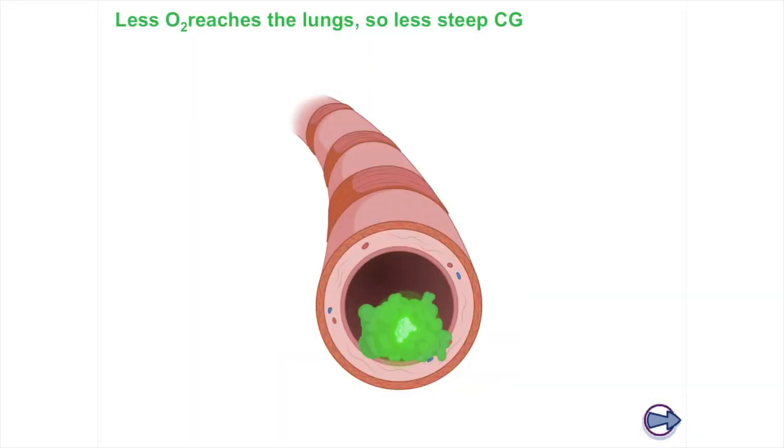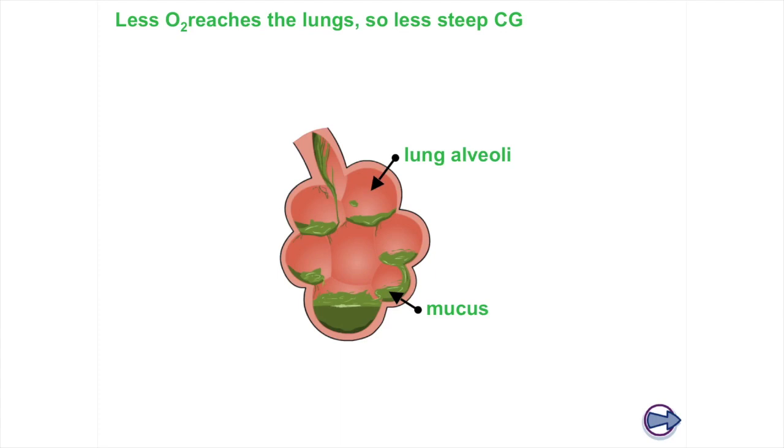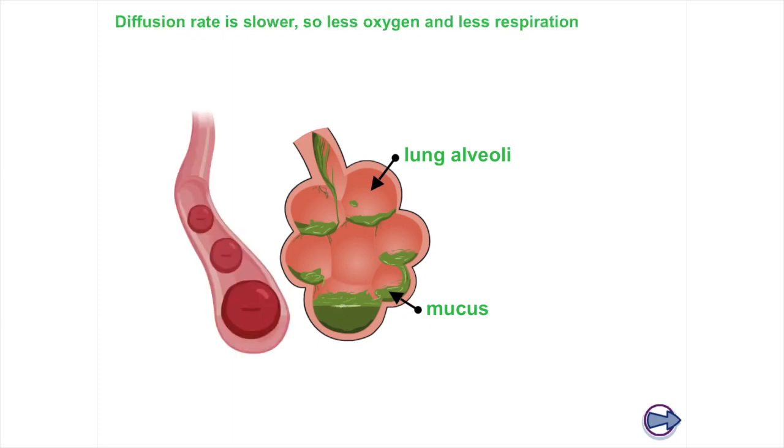In this picture, we see that too much mucus inside the airways will reduce the flow of air and oxygen to the alveoli. So you see that the alveoli are receiving less air and less oxygen, plus the distance between the alveoli and the capillaries around them becomes greater, and that reduces the rate of diffusion of gases in these cystic fibrosis patients.